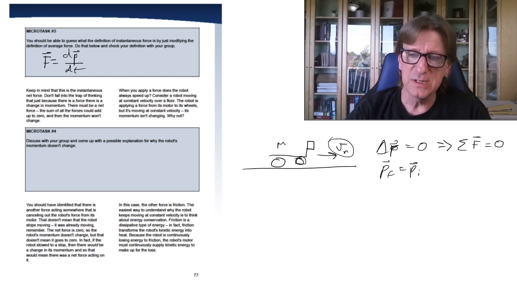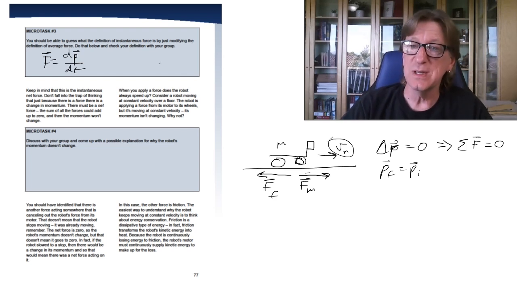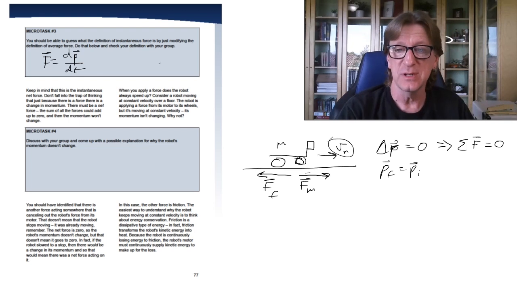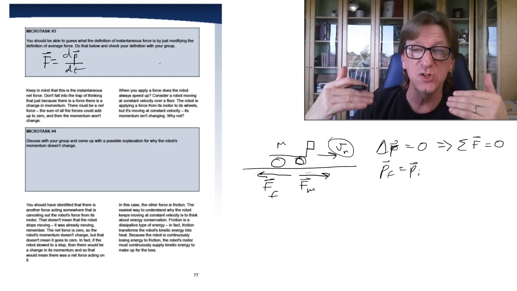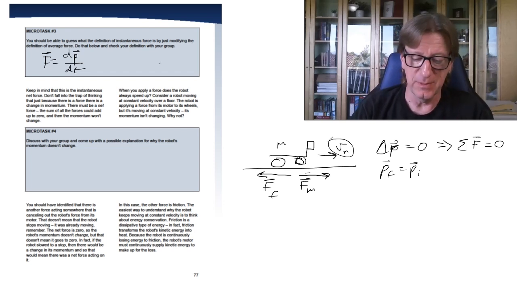But remember, force is a vector. So my motors, say, are providing a force in this direction. We'll call that Fm. Something must be providing an equal force in this direction. What do you suppose it could be? Well, the most obvious one is friction. The force of friction is exactly equal to the force of the motors. And so your robot feels no net force, and therefore it doesn't change its momentum. It keeps that constant velocity.